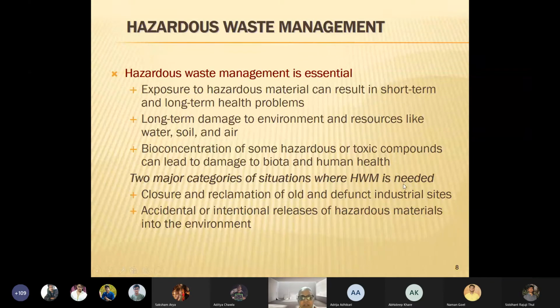Now, where is management required? There are two major categories of situations that I've put in here. There may be others. One is, like I already said, accidental or intentional releases of hazardous materials that we have already seen. The next one is industrial sites.